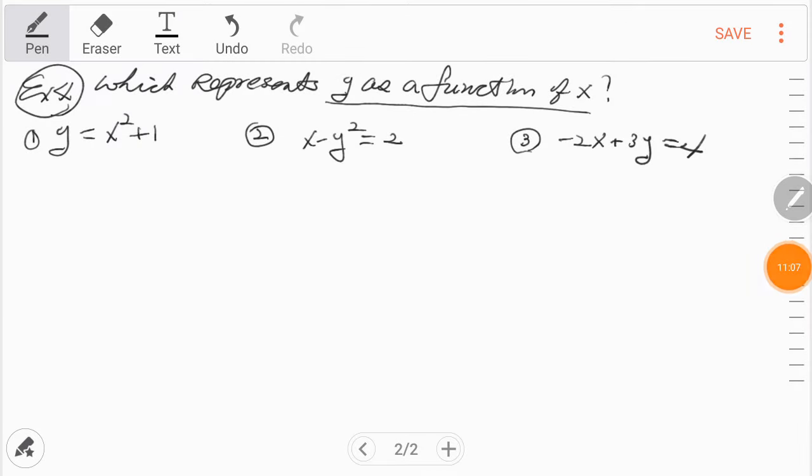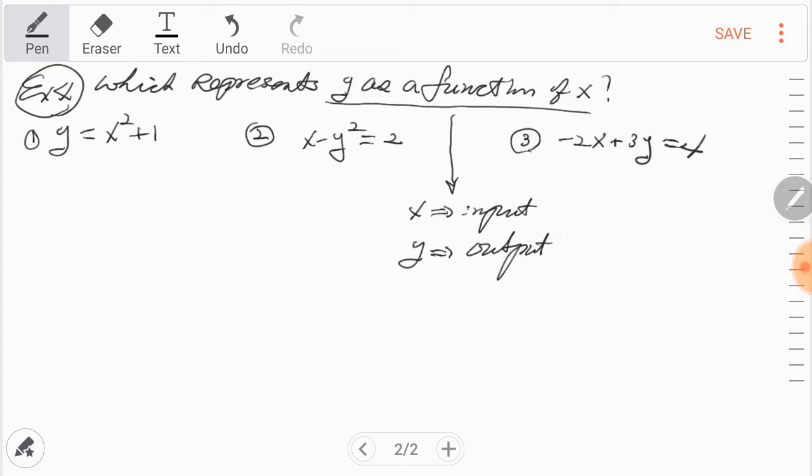Okay, in this example, there are 3 equations, and we want to find out which equation represents y as a function of x. What do you mean by y as a function of x? This means x is the input and y is the output.